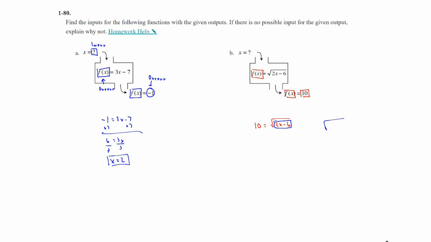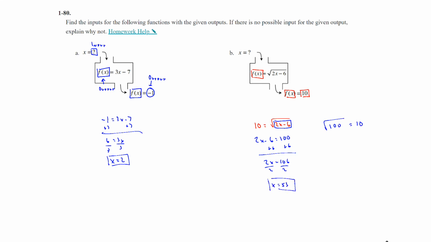So the square root of what would equal 10? Well, that would be 100. The square root of 100 is equal to 10. So if you know that, then you can say that when 2x minus 6 is equal to 100, I can add 6, and then divide by 2 to get x equals 53. So that's one way to look at it.